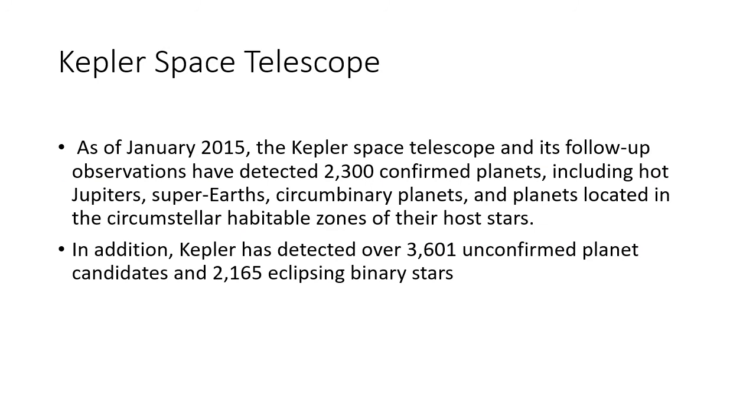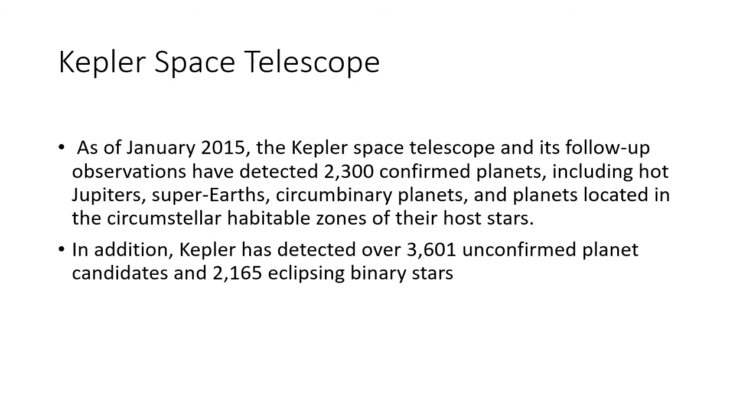Now, unfortunately, Kepler broke down. Kepler only operated in its main role for 4 years. And then one of the reaction wheels broke. And then the second reaction wheel broke. And once 2 reaction wheels were broken, it couldn't carry on pointing in the same place anymore.